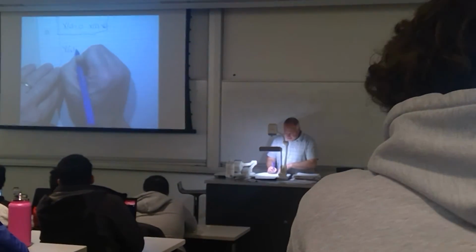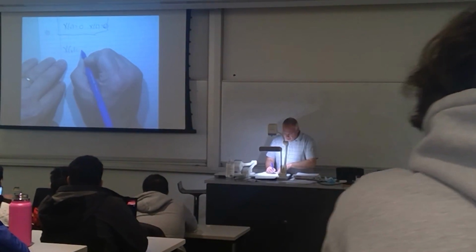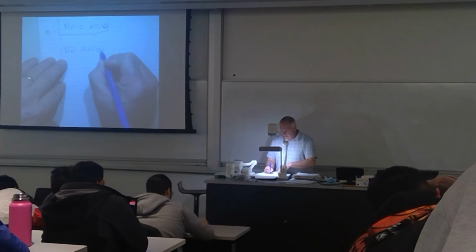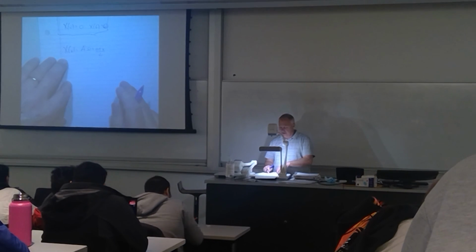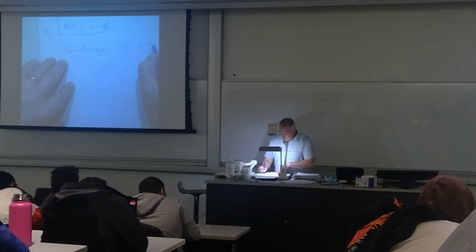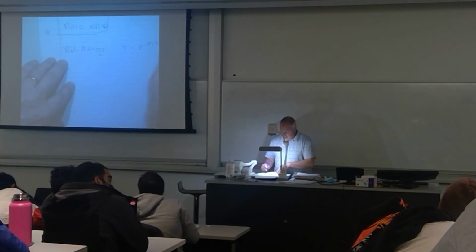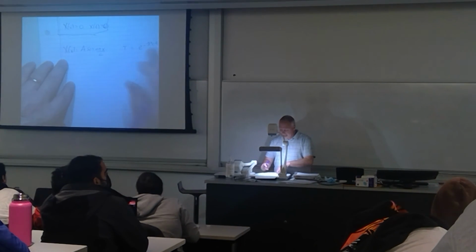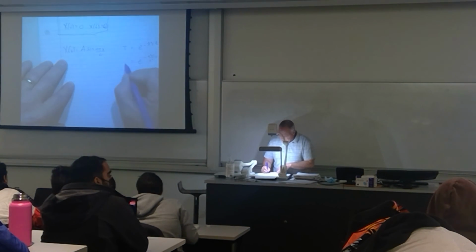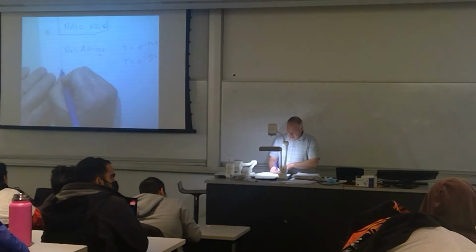Now this gives me X of x is some constant A sine n pi x over L. That gives me the eigenvalues and eigenfunctions. And now this tells me here that T is e to the minus lambda squared c times t. So interestingly, I've got e to the minus n squared pi squared over L squared c times t.